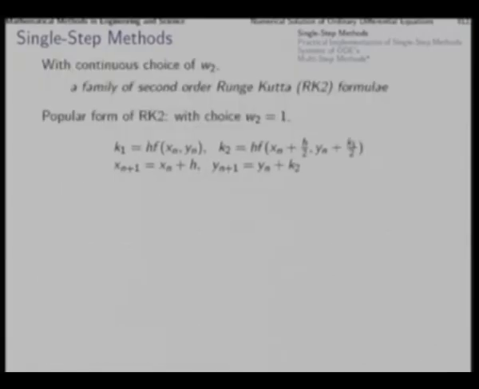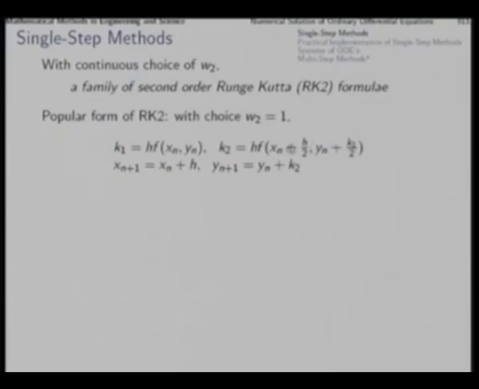On the other hand, popular choice of second order Runge-Kutta method is W2 equal to 1, which means that you take the first proposal as Euler's method, and for the second proposal for delta y, that is k, you evaluate the function at the midpoint of the chord of the step that has been taken.